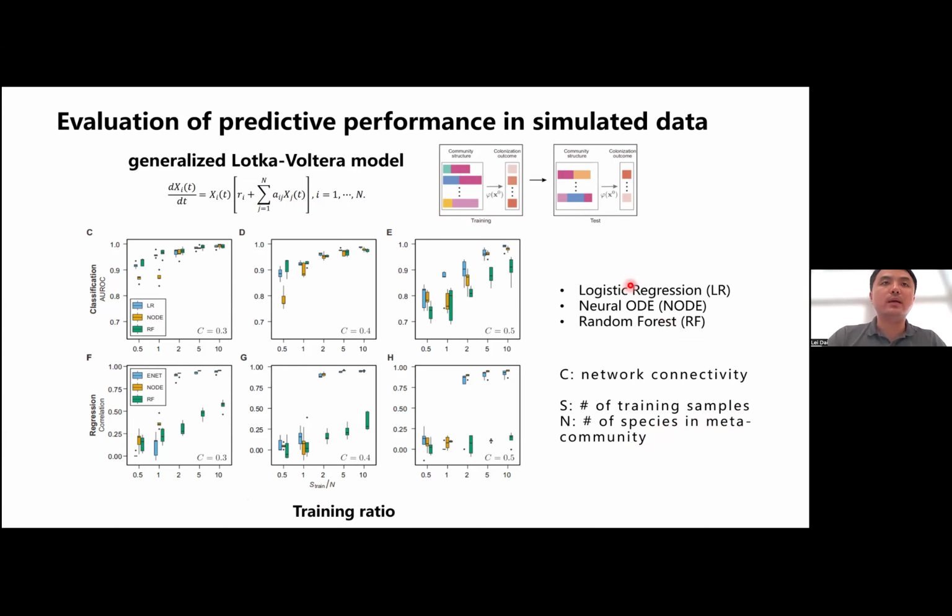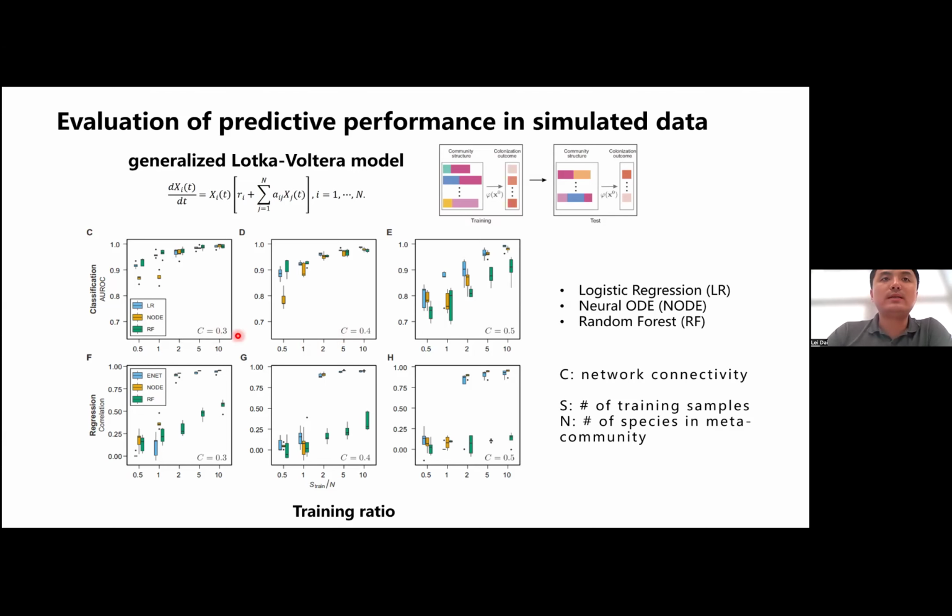Here we use logistic regression, neural ordinary differential equation, and random forest, and in the simulated data, they all have some reasonable performance once you have enough training data. The threshold is around 1 to 2. So if you have 500 species in the metacommunity, then you need around 500 samples to have a reasonable prediction.